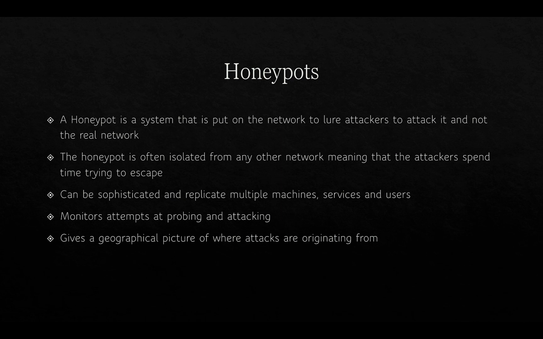And it monitors attempts at probing, so it looks for scans, for example. So you can put these honeypots on your network at various points. There are honeypots that might exist on the internet at large and provide central information back to a central source. So it gives us a geographical picture of where attacks are originating from.